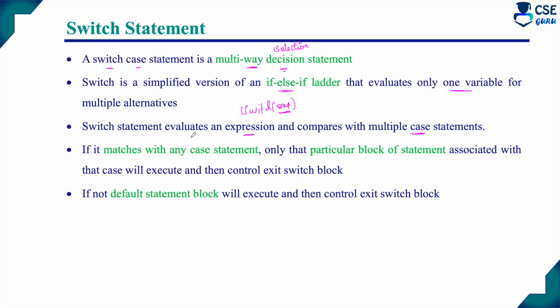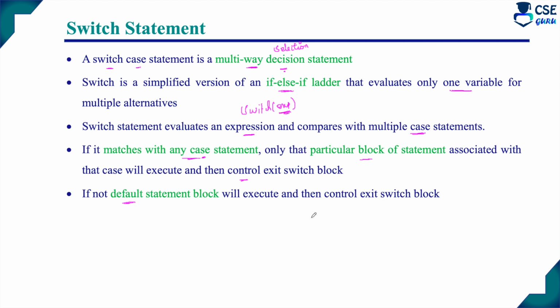Okay. So, the switch statement will evaluate the expression, and based on the expression, the case will be selected to execute. If it matches with any case statement, only that particular block of case statement will execute, and then after executing that corresponding block, control will exit the switch block. Suppose the switch expression does not match with any of the case statements, automatically control goes to the default statement block and that corresponding block will execute.